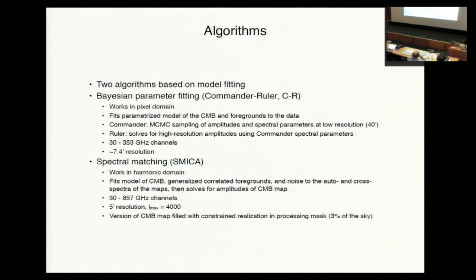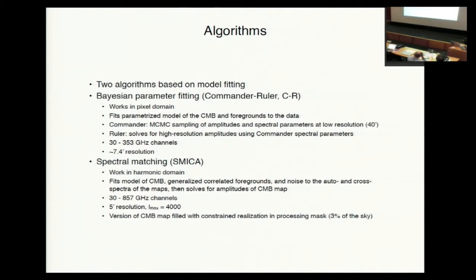And then there's a second stage called Ruler, which gets high-resolution maps of the amplitudes of the foregrounds using the spectral parameters from the low resolution. This one uses just 7 channels, so you can ignore the top 2 HFI channels, and the map that's produced comes out at around 7.4 arcminutes resolution.